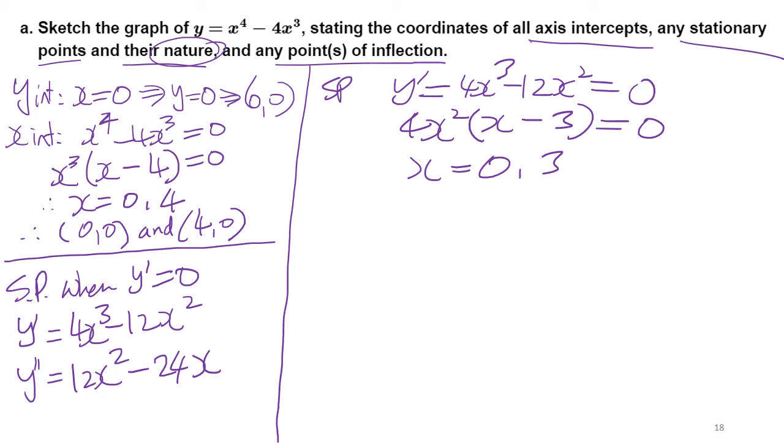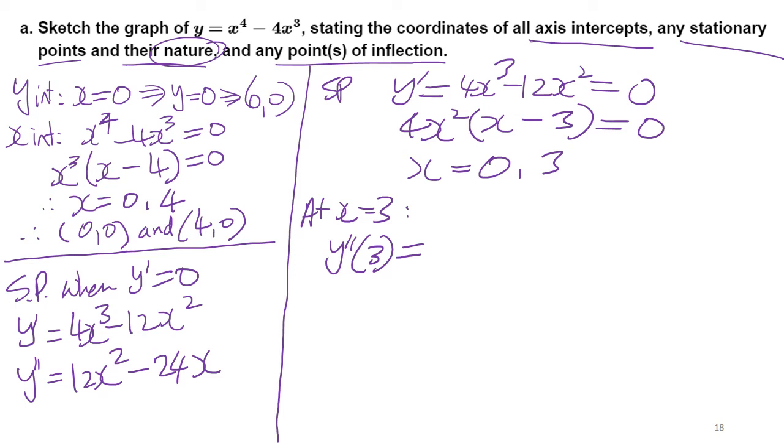So at x equals 3, we are going to use y double dash, sub in 3, and look at whether it's positive or negative. Then we can use it to decide whether this is a max, a min, or a point of inflection. Alright, so let's sub it in.